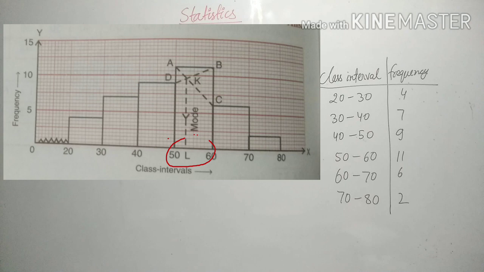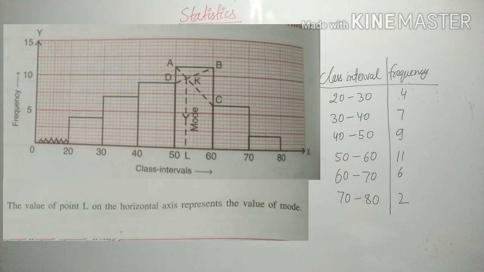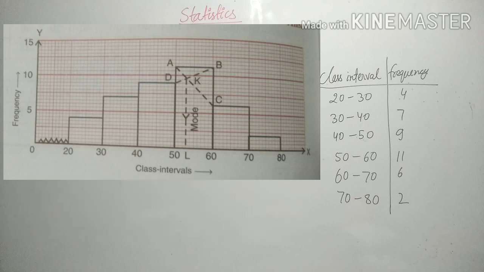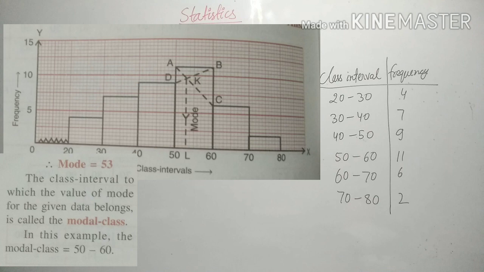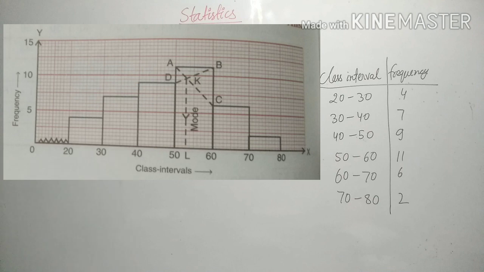So that point L where it is meeting on the x-axis, that point is the mode. So according to this graph, if we observe minutely, mode is 53 and the modal class is 50 to 60. So this is the way by which we can find the mode whenever this type of class interval and frequency will be given.